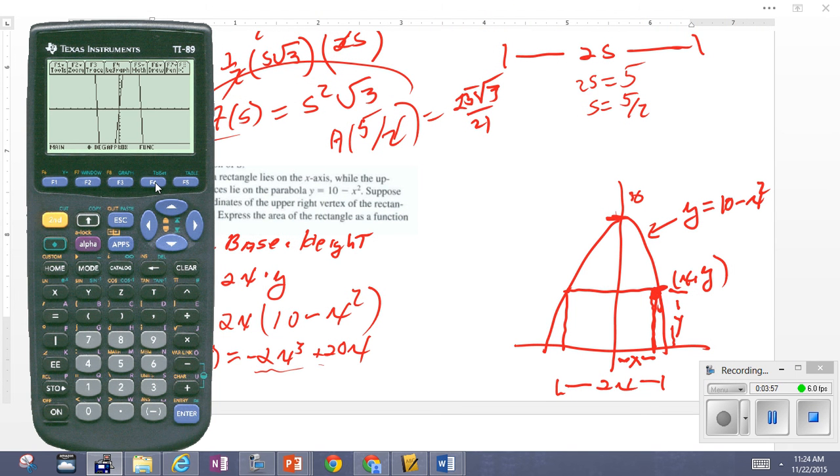We will turn on our table set, and we will go auto, starting at 0, maybe in increments of 0.25. When we look at our table now, we're going to try to see where this is peaking out.